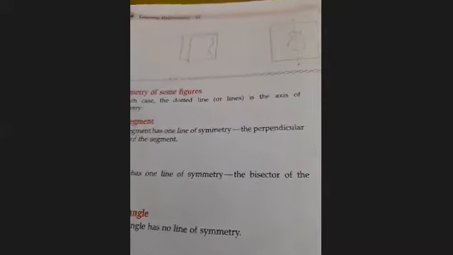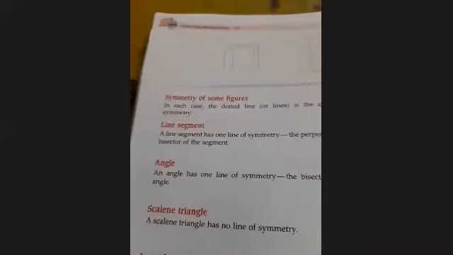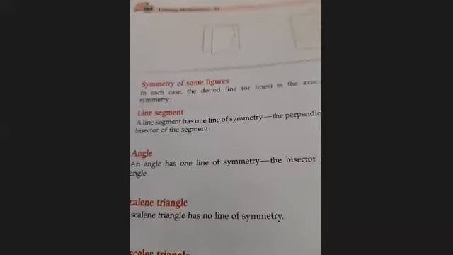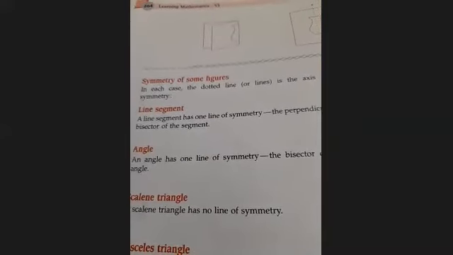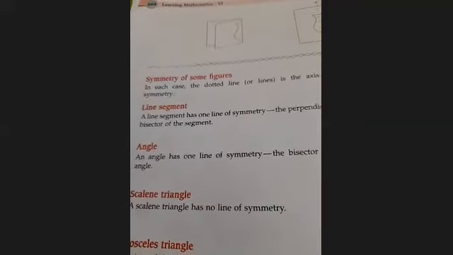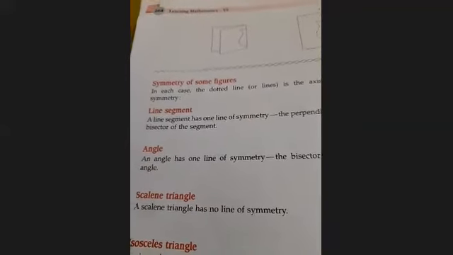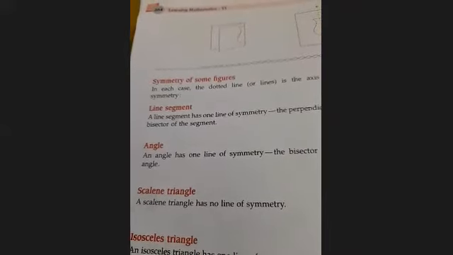Yes, friends, an angle has only one line of symmetry, the bisector of the angle. Bisector means when we divide any angle into two equal parts. The line which divides an angle into two equal parts is known as the bisector of the angle.